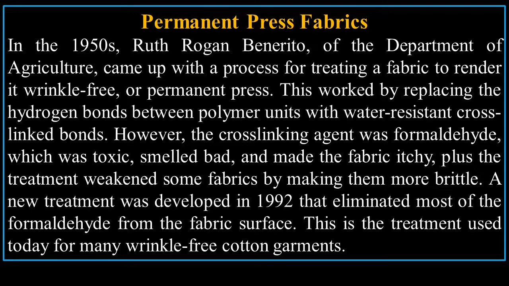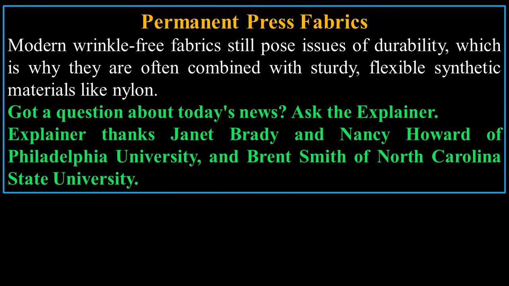However, the cross-linking agent was formaldehyde, which was toxic, smelled bad, and made the fabric itchy. Plus, the treatment weakened some fabrics by making them more brittle. A new treatment was developed in 1992 that eliminated most of the formaldehyde from the fabric surface. This is the treatment used today for many wrinkle-free cotton garments.